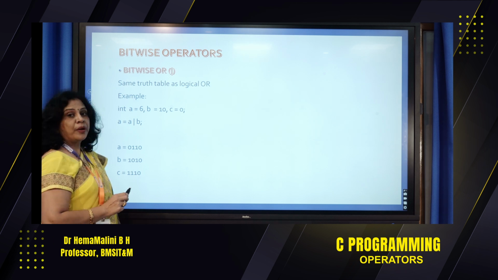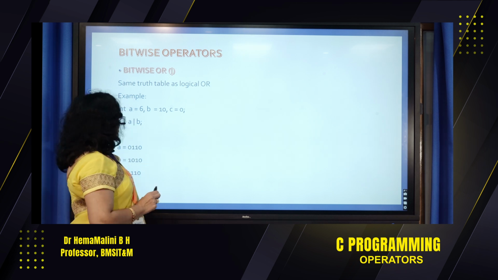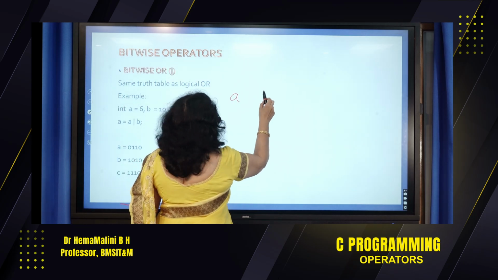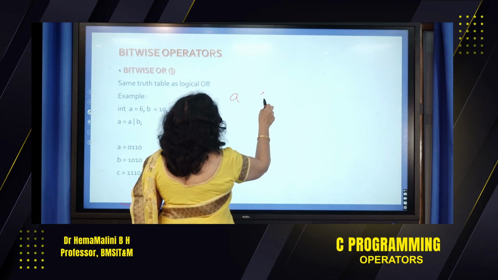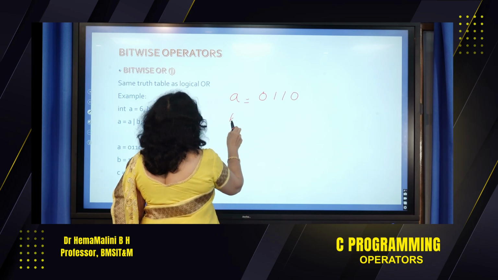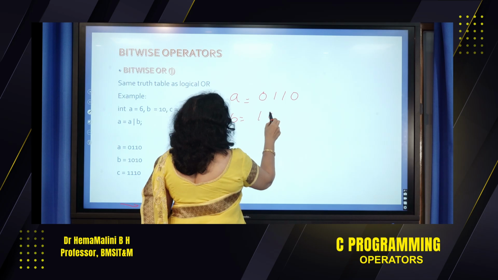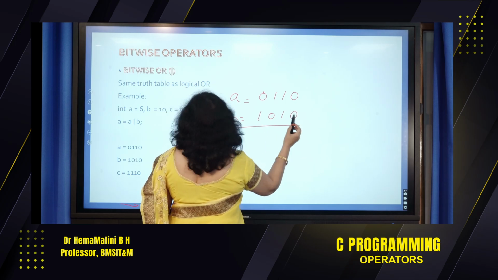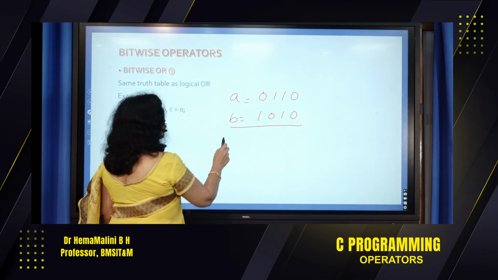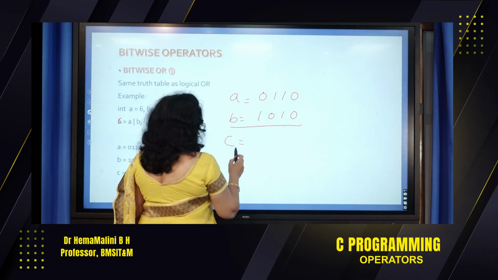Now we have bitwise OR operation. It is the same. So a is 6. 6 is 0, 1, 1, 0. b is 1, 0, 1, 0. The result is c, which is equal to a OR b.